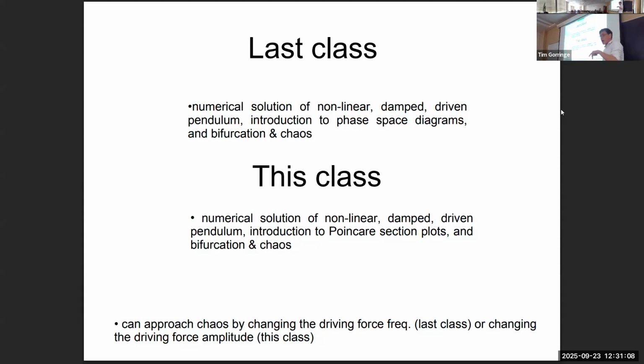We looked at some examples of phase space plots, from the simple pendulum with no damping and no driving force, to a damped pendulum with underdamping and overdamping, to a driven pendulum, where in the region of strong driving, large driving constant, we discovered bifurcation and we discovered chaos.